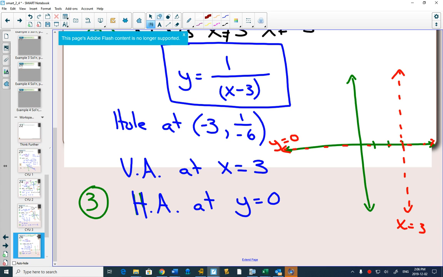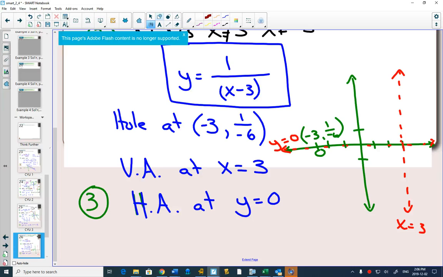At x equals 3 and y equals 0 are our two asymptotes. And at negative 3, 1 over negative 6, we have a hole. So I'll just draw a hole, a circle, in my graph there.